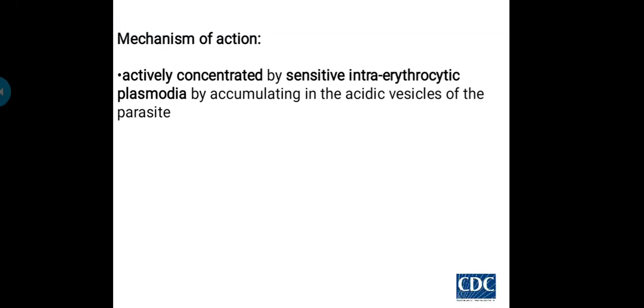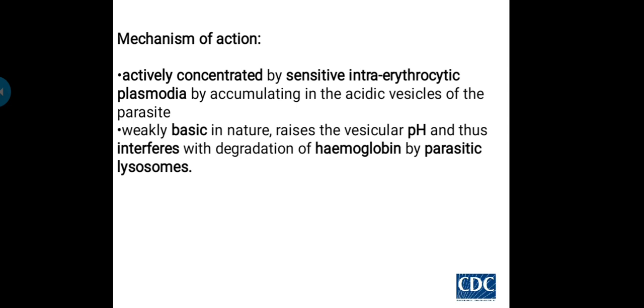After that, being weakly basic in nature, it raises the vesicular pH and thus interferes with the degradation of the hemoglobin by the parasitic lysosomes. These acidic vesicles are required to convert hemoglobin into heme and then into hemozoin by the parasitic lysosomes. But as chloroquine raises the intravesicular pH because of its basic nature, it interferes with the degradation of hemoglobin by the parasitic lysosomes.